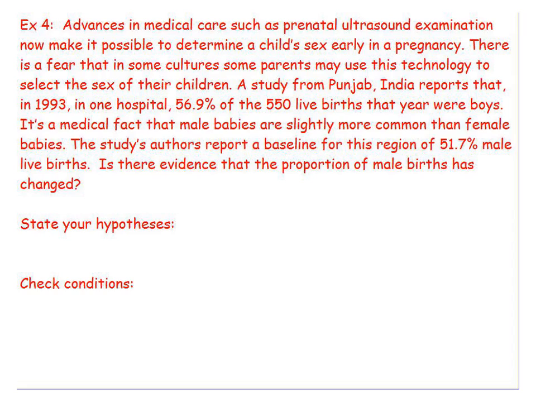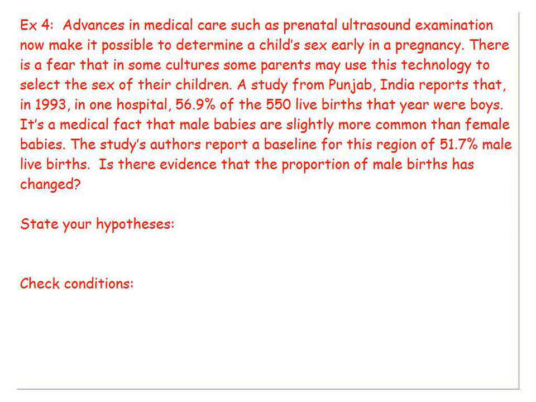A study from Punjab, India, reports that in 1993, in one hospital, 56.9% of the 550 live births that year were boys. It's a medical fact that male babies are slightly more common than female babies. The study's authors report a baseline for this region of 51.7% male live births. Is there evidence that the proportion of male births has changed?